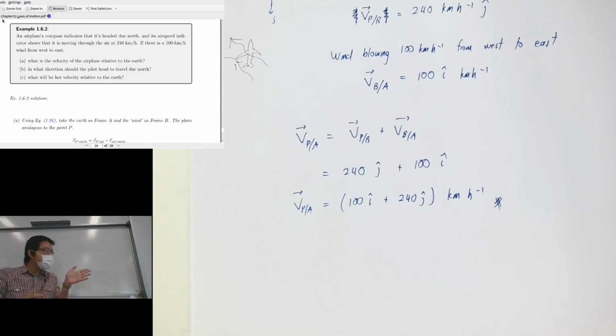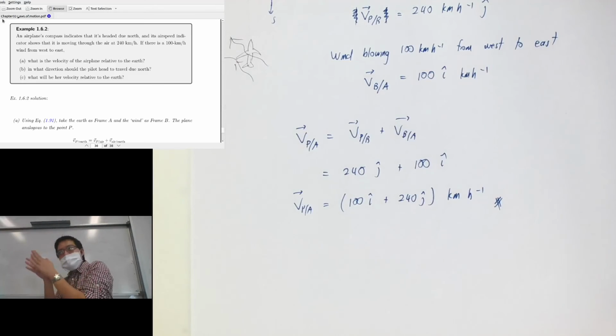So if there's a wind blowing from your side, but you want to go straight, you point your plane straight, but the wind will blow you off. So in order to make sure you really go straight, you must adjust your plane this way. You adjust your plane this way, you will tend to fly this way, but the wind will push it back.